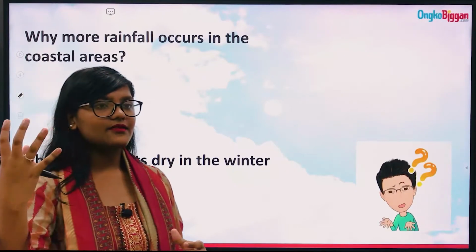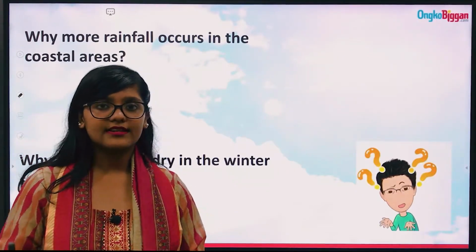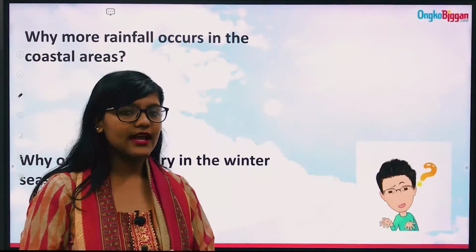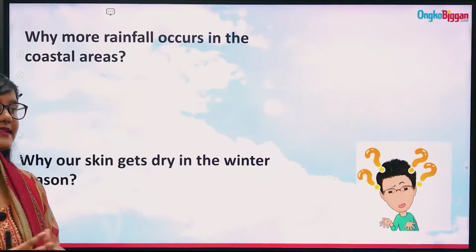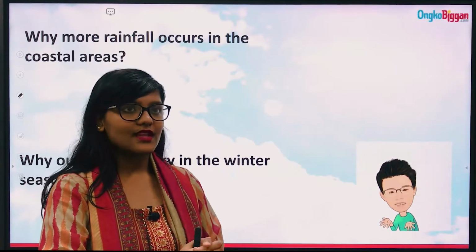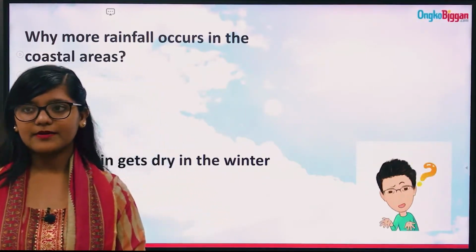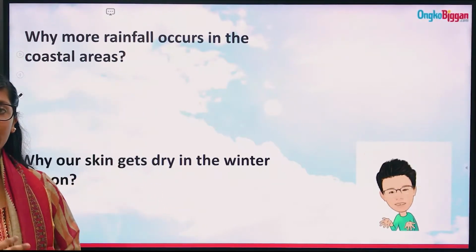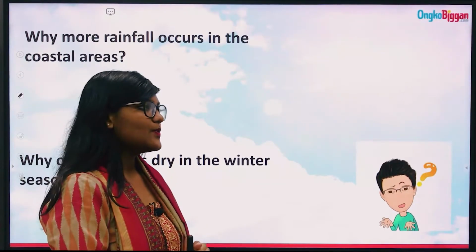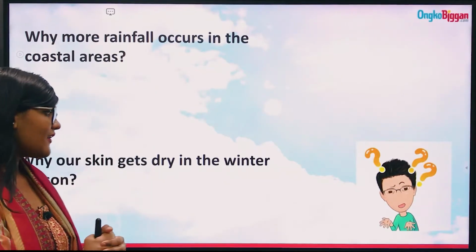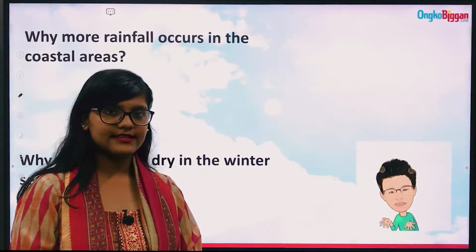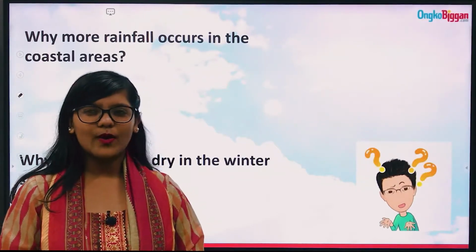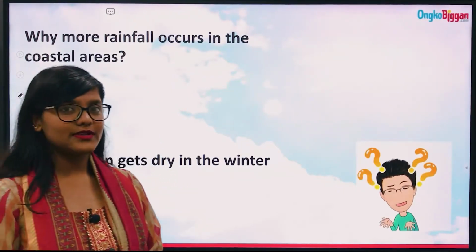That means we can't get the amount of sunlight that is necessary for forming more water vapor in the atmosphere. So the humidity remains less. At that time, the water particles in our skin evaporate in greater amount than in summer. That is why our skin gets dry in the winter season, and in the summer season our skin remains more oily because of the humidity.